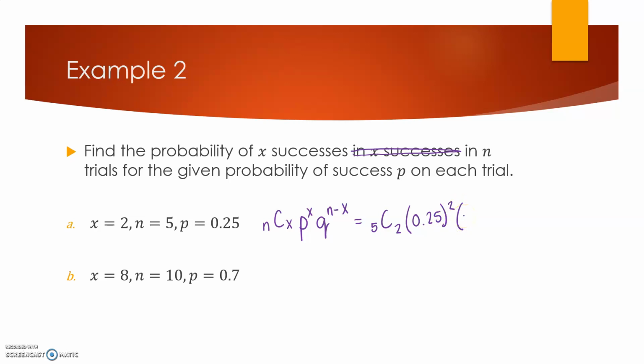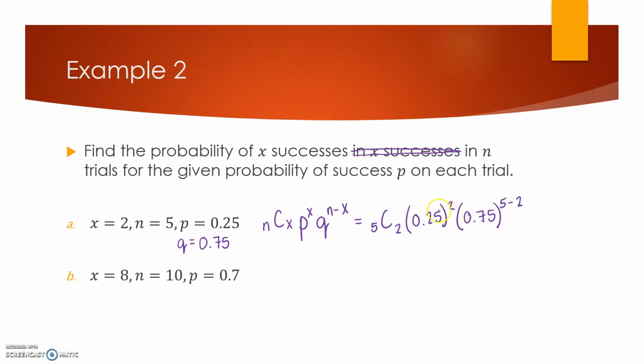If my probability of success is 0.25, my probability of failure, not meaning a bad word but just not a success, is going to be 0.75, because these have to add up to 1. So I'm going to put 0.75 to the n minus x.